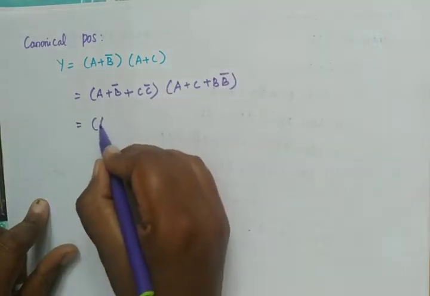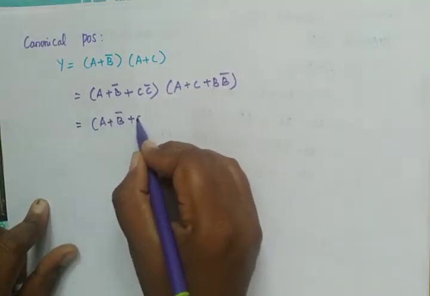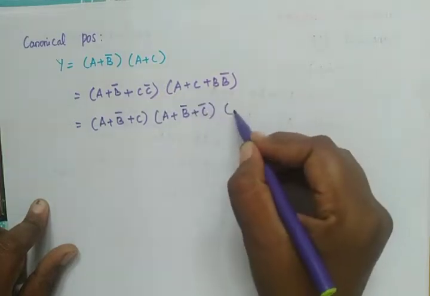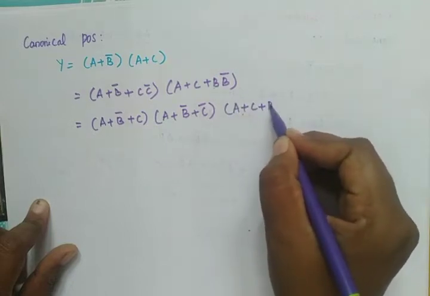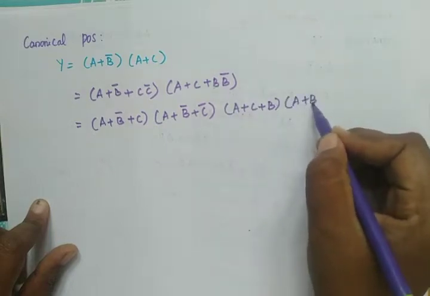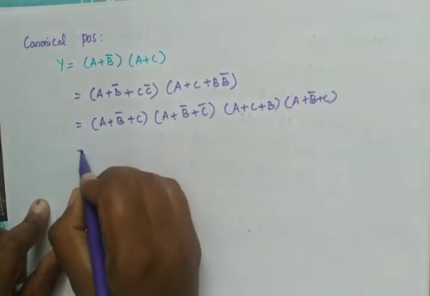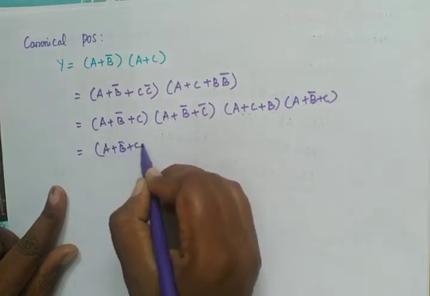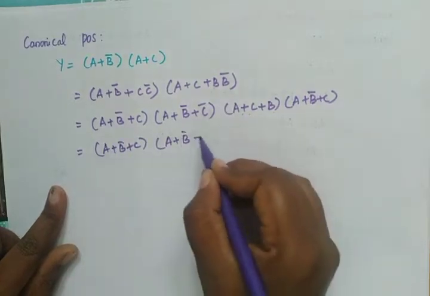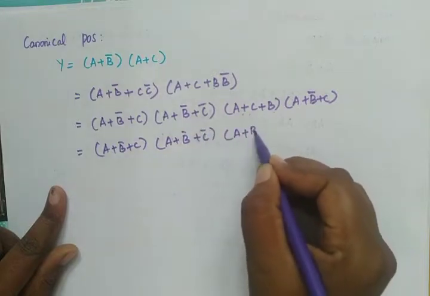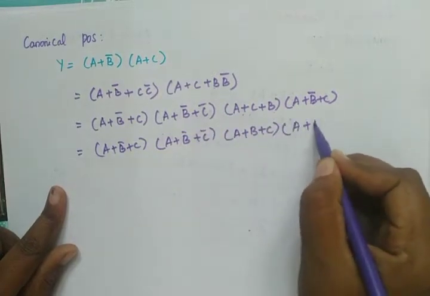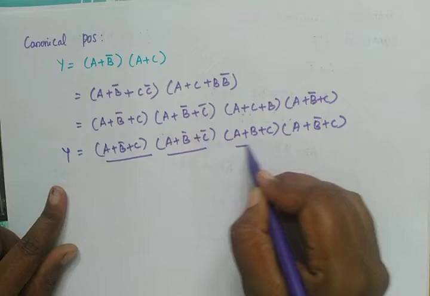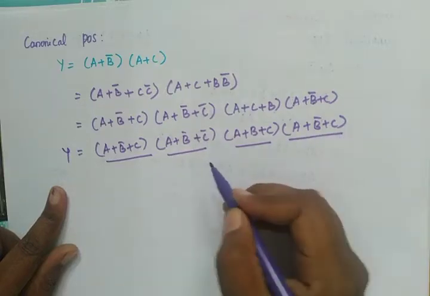Now we can expand this as (A + B' + C)(A + B' + C') and (A + C + B)(A + B' + C). So we can write this as (A + B' + C)(A + B' + C')(A + B + C)(A + B' + C). Now every term contains every literal. This is called as canonical POS term.